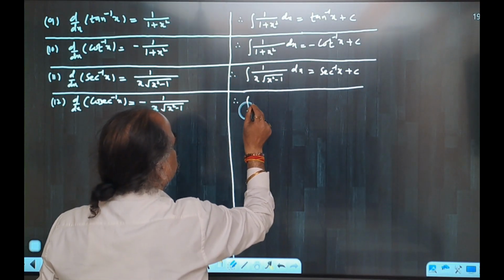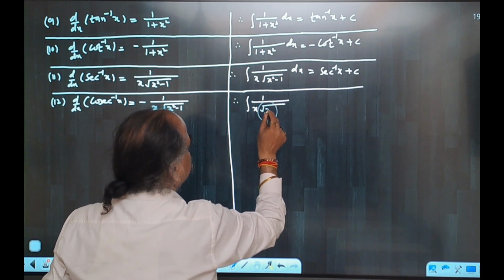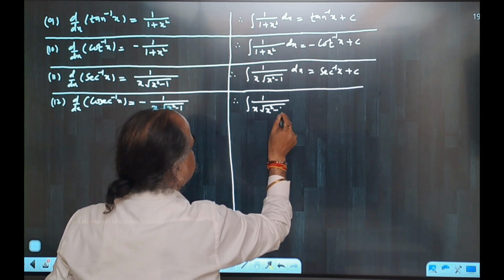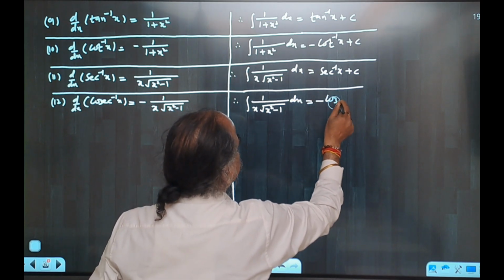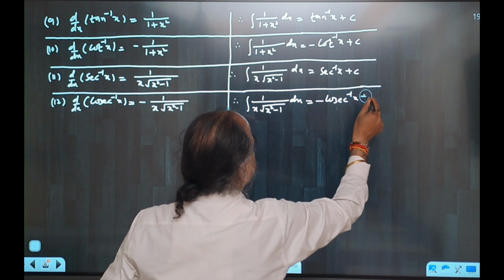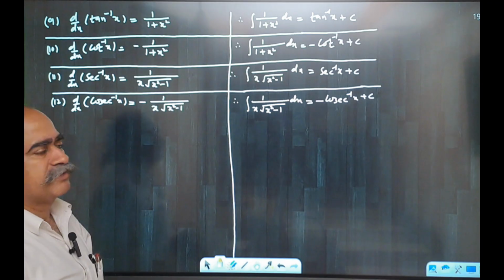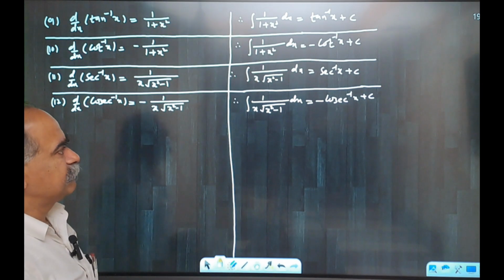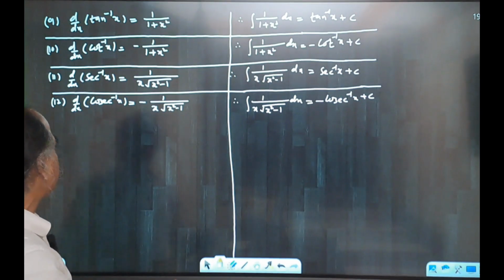Therefore, integral of 1 upon x root x square minus 1 dx is minus cosec inverse x plus c. So either you take integral of 1 upon x root x square minus 1 as what? Sec inverse x plus c, or you can take minus cosec inverse x plus c, both are correct.